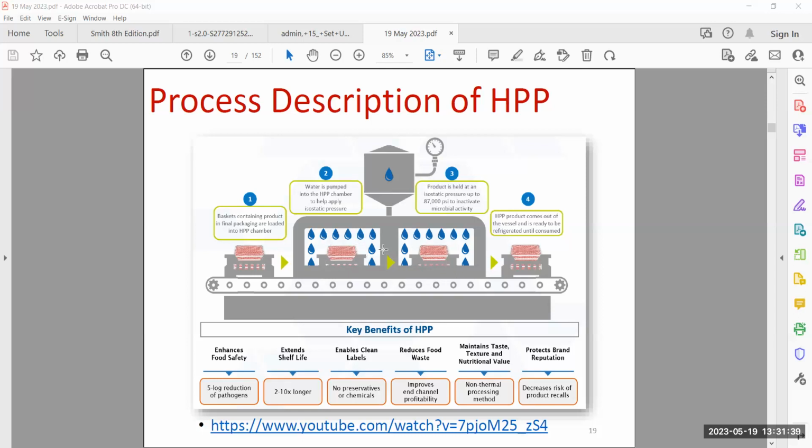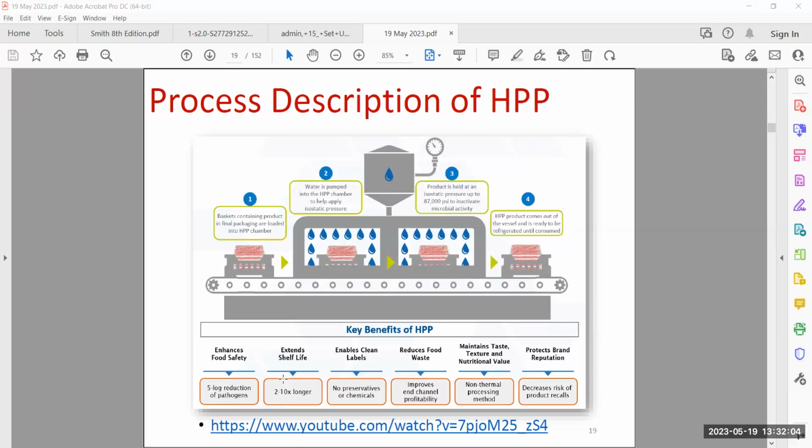From there, the product will be held at an isostatic pressure of up to 87,000 psi to inactivate microorganisms. Then after a certain holding time, to make sure all the pressure is lowered to a safe level, it will come out of the vessel and be ready to be refrigerated until consumed.